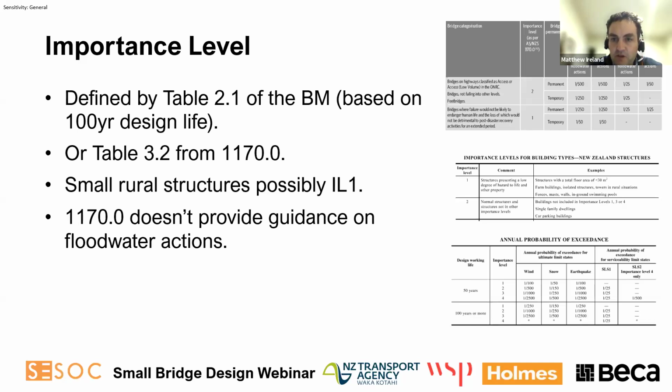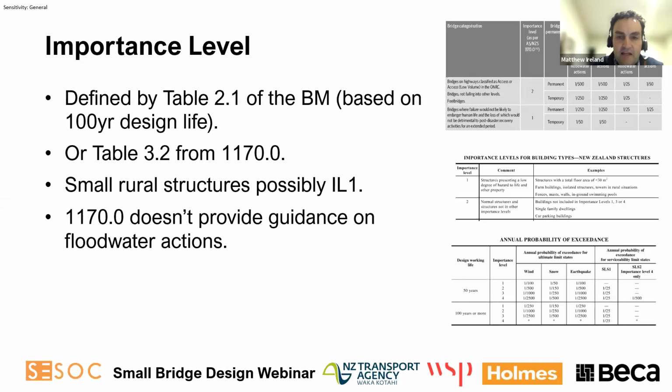Within table 2.1 of the bridge manual, these are still actually based on a 100-year design life if you do a comparison to the 1170 tables. So potentially, and for the structures that we're talking about today, they can fall into the IL1 category. There could be a saving if you adopted the annual probabilities of exceedance from 1170.